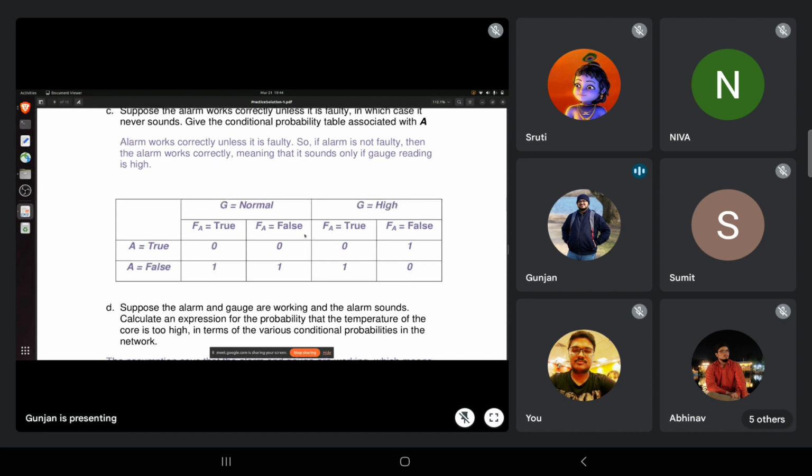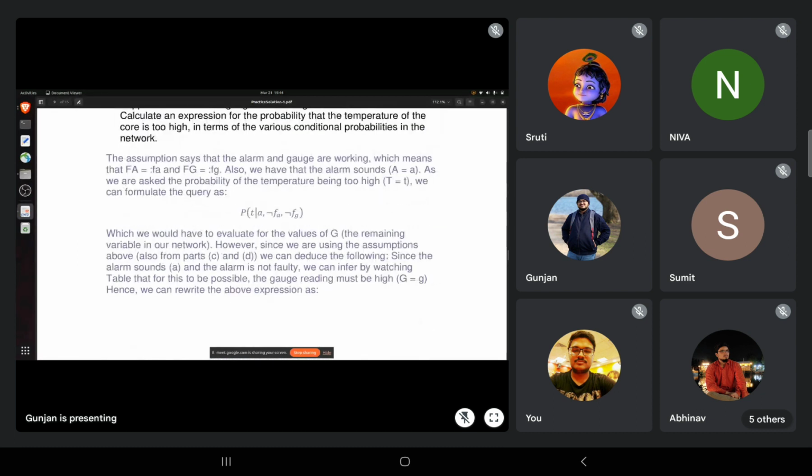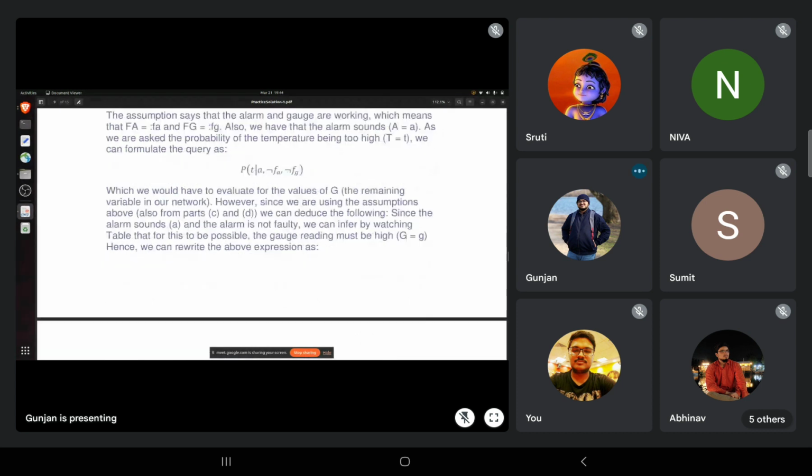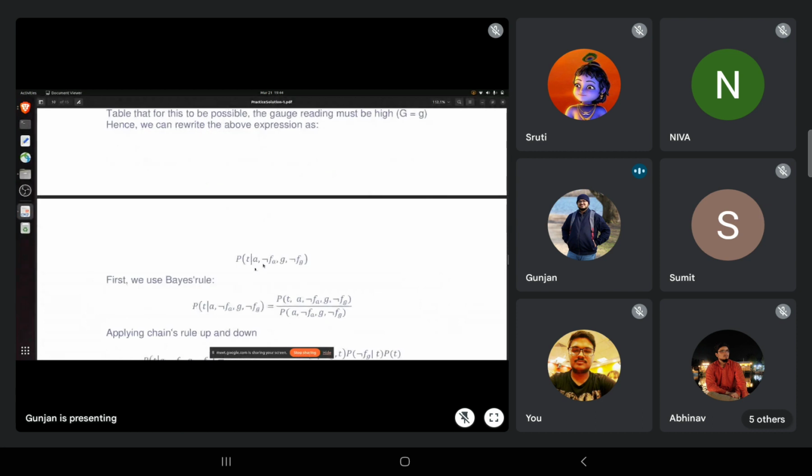Is this deduction clear? That the alarm is not faulty and the alarm sounds, that means the gauge is high. Is this conclusion clear? If that is clear, then we can simply rewrite this expression as P of T, comma A, comma not FA, comma G, comma not FG. And the other term would be 0 because essentially that cannot happen.